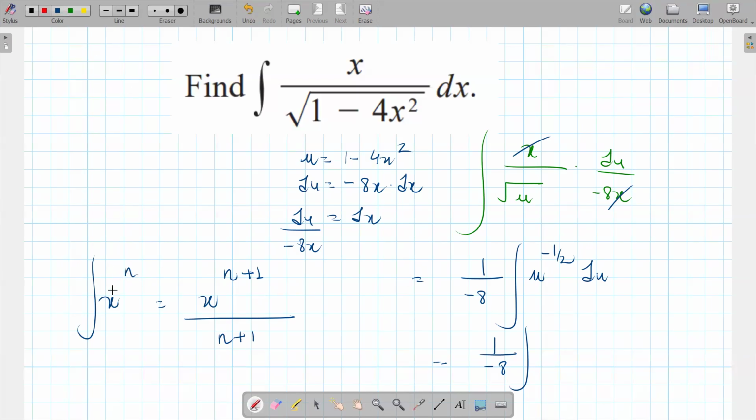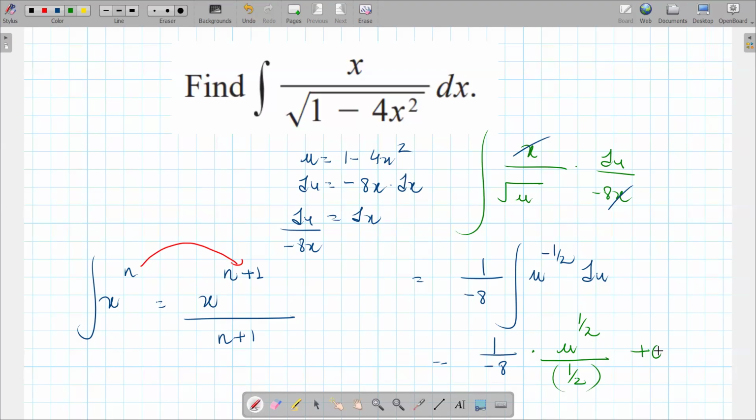Look at this. We're comparing this with this. Look at the n. Added 1. What's negative 1 over 2 plus 1? It's 1 over 2, right? Negative 0.5 plus 1 is positive 0.5, same idea. And then we divide the thing by the new exponent. Well, the new exponent is 1 over 2, so we're going to divide it by 1 over 2. Now the question is, does that 2 at the bottom go to the top or does it go to the denominator?